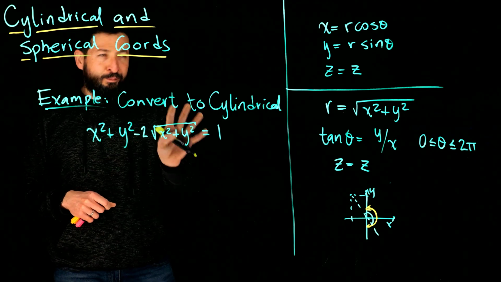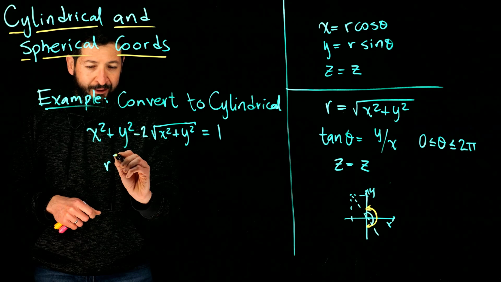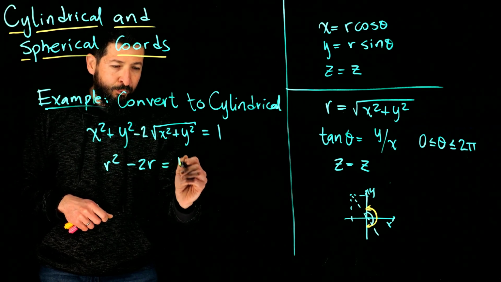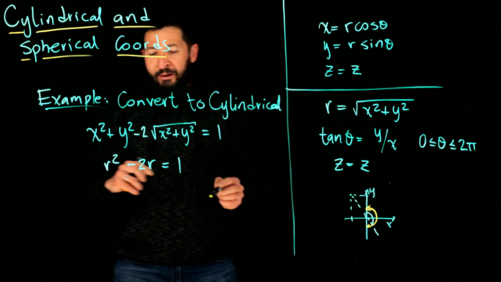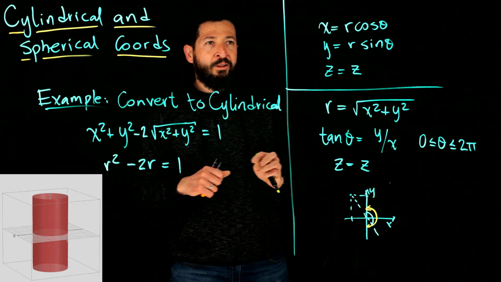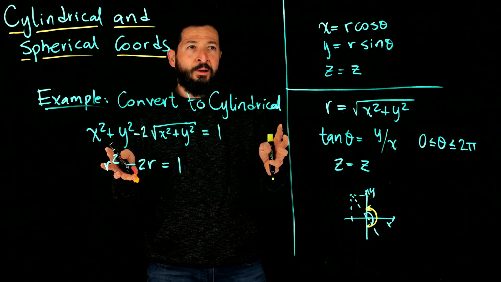So this case is pretty typical for cylindrical, because this right here is just r squared, and this is -2r, and that's going to be equal to 1. If you plot this into your Desmos 3D in this form, you're going to see what cylindrical coordinates are all about.